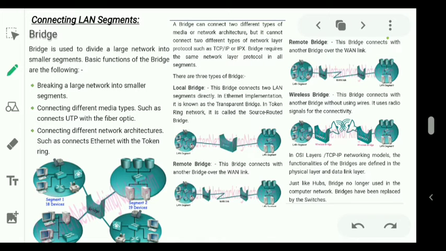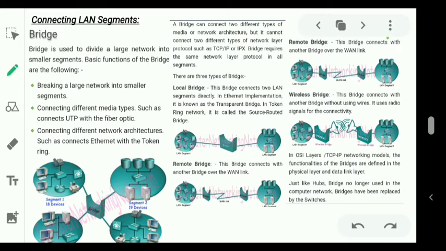Now coming to the second one, that is a remote bridge. This bridge is connected with another bridge over a WAN link. So one bridge is connected with the other one. And now coming to the wireless bridge, this bridge connects with another bridge without using wires.